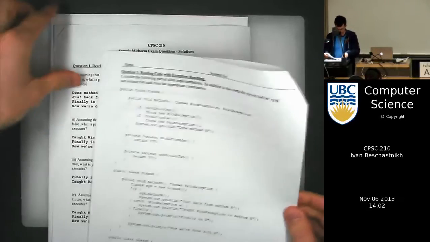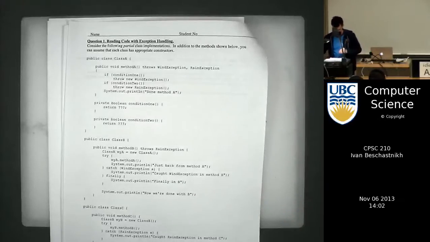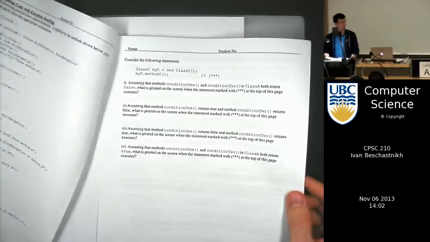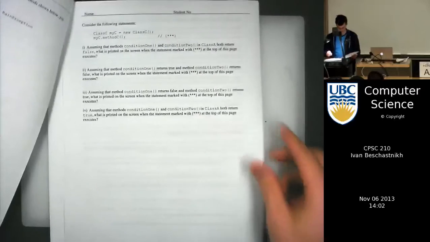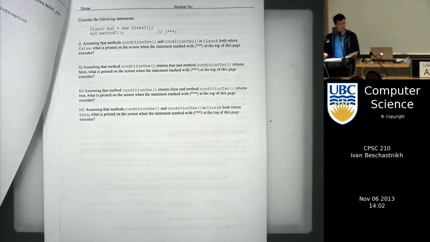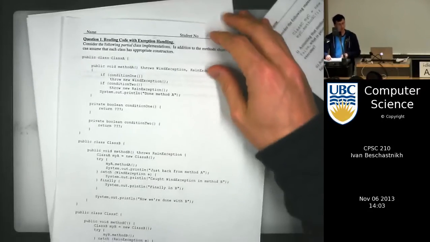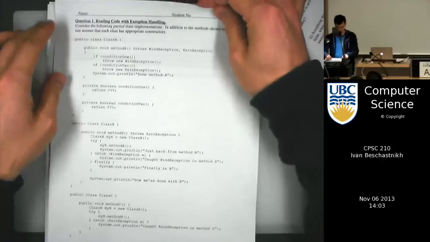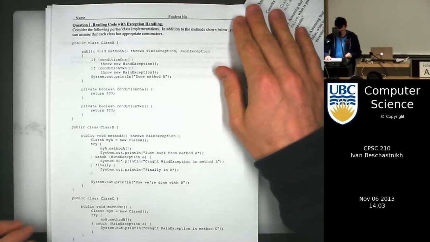So question one. It has multiple parts, right? So you have a question about a specific part? I was wondering if the system out print line would still be performed if the my.a.method A was after the system out.